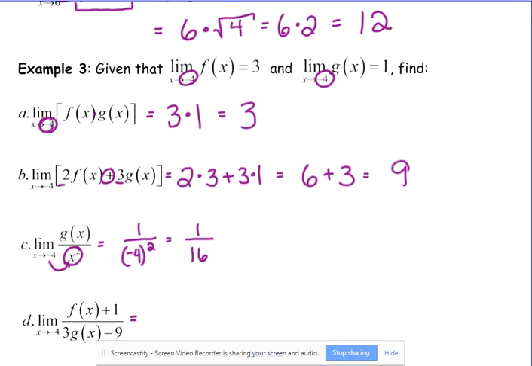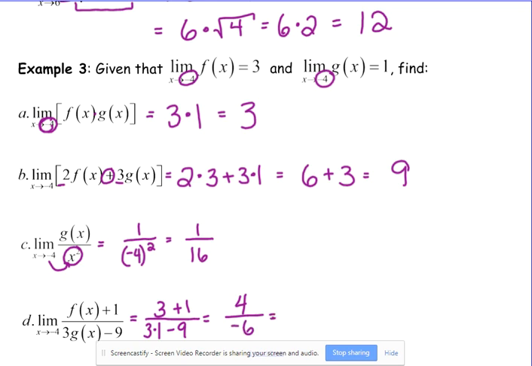Okay? And D is a little bit of a combination of them all. So we've got f of x, the limit of f of x is 3. Just keep that plus 1, because the limit as x approaches negative 4 of 1 is 1. Okay, break it all the way down. 3 times g, so the limit of g was 1, minus 9. So we've got 4 in the numerator, and 3 minus 9, so negative 6 in the denominator.